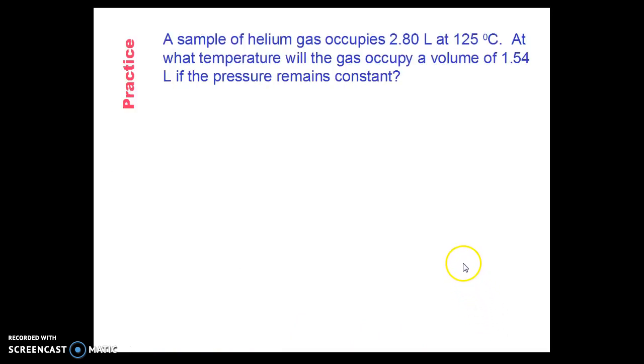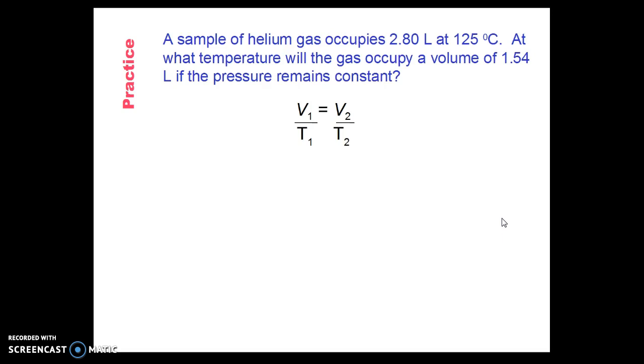At what temperature will this gas, 2.80 liters at 125 degrees C, occupy a volume of 1.54 liters? Now, if you think about it, you realize that since the volume is going down, the temperature must go down.